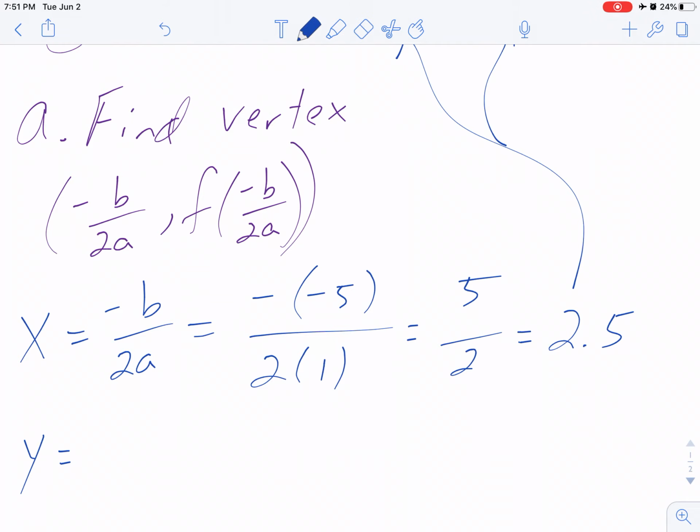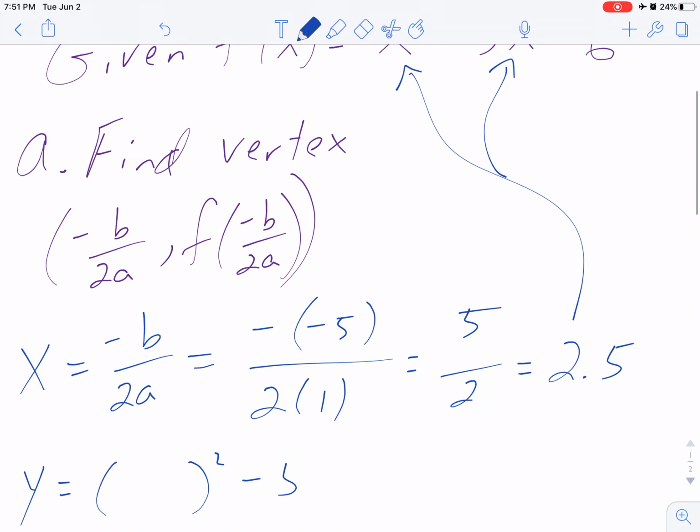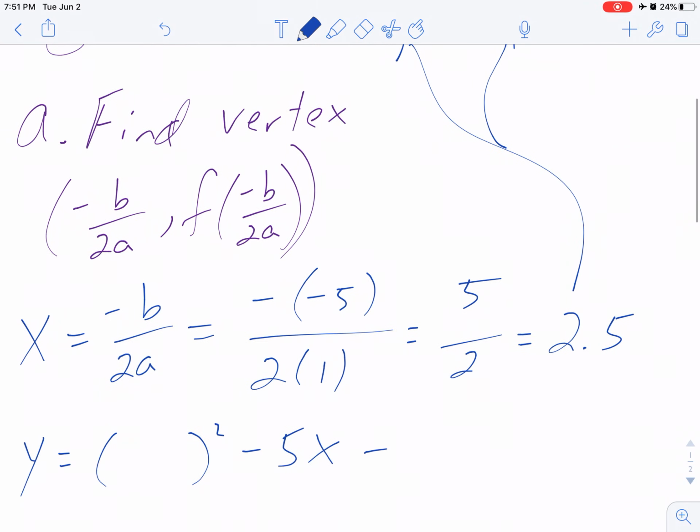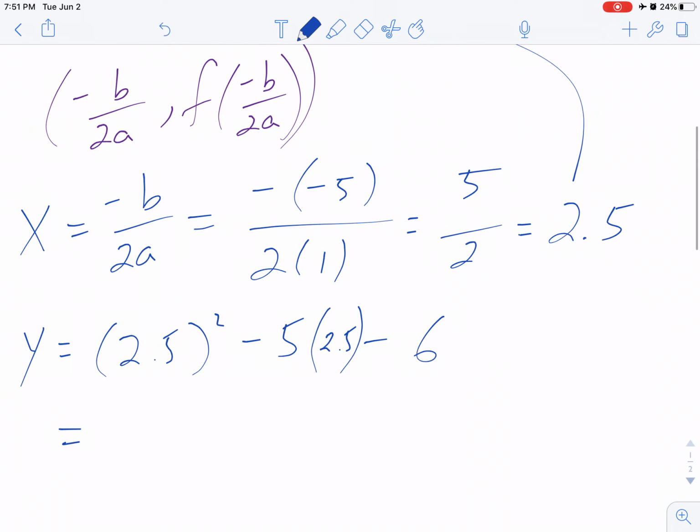So we take that and plug it into your original function. I'm going to choose to use 2.5 because I'm lazy. I'm going to use a calculator here, but if you want to do the fraction, that's totally acceptable. You're just going to find it takes more time.